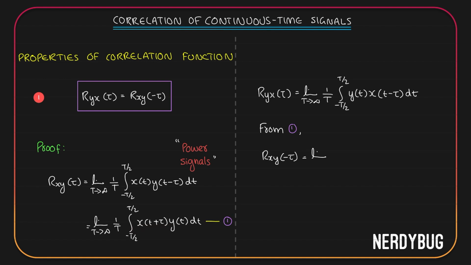So this will be limit t tends to infinity 1 by t integral from minus t by 2 to t by 2 x of t minus tau y of t dt. But this is the same as this, so we can conclude r yx of tau is the same as taking r xy of minus tau.